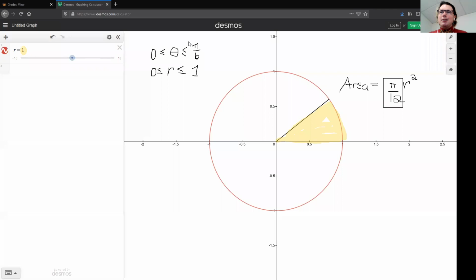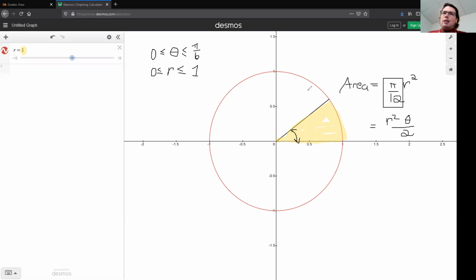This angle from here to here is exactly pi over 6 radians. In my area formula, I've got 1/2 of that. So this is really important: my area is always going to be r squared times theta divided by 2.